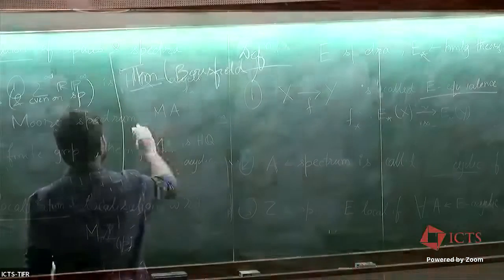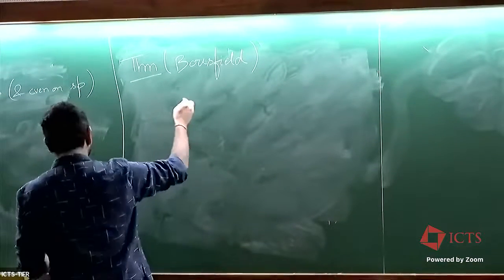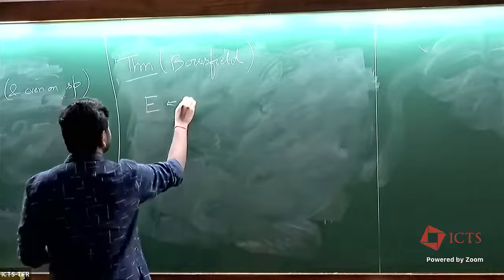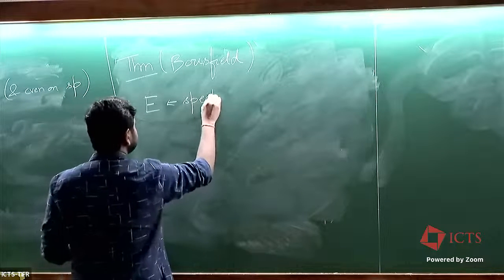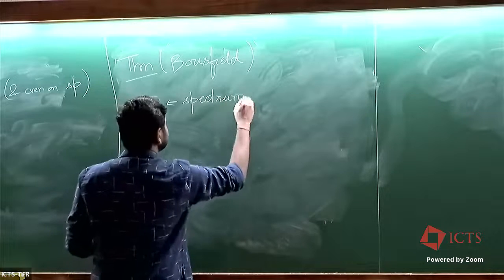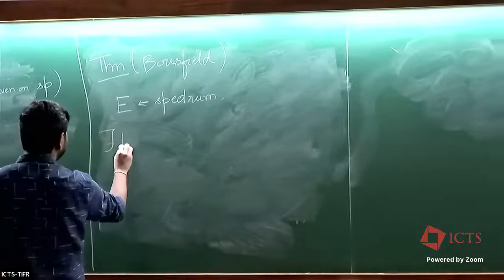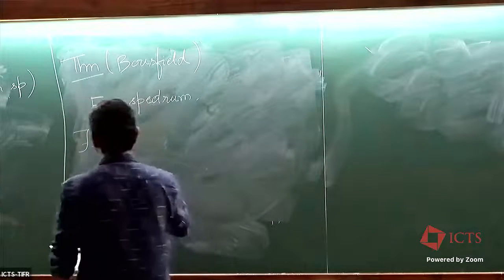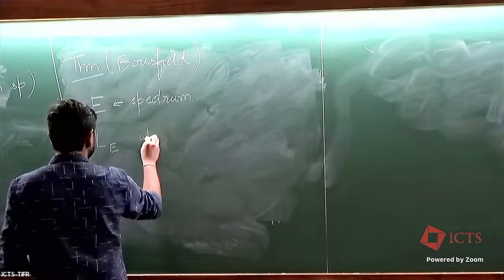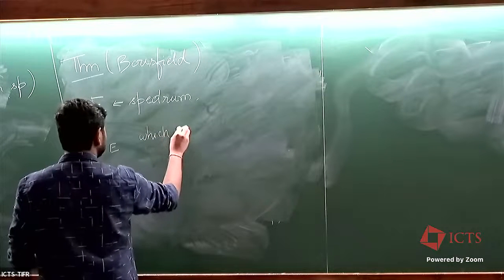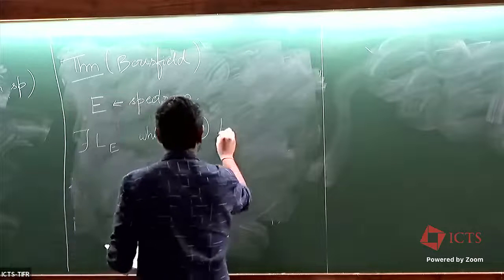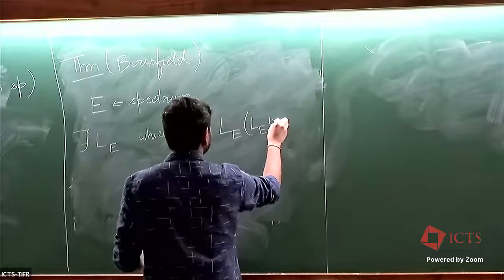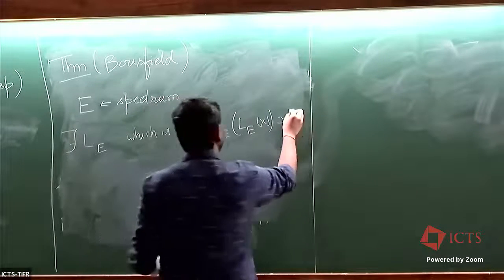He proved that for E a spectrum, there exists a functor L_E from the stable homotopy category to itself, which is idempotent. So L_E of L_E X is equivalent to L_E X.